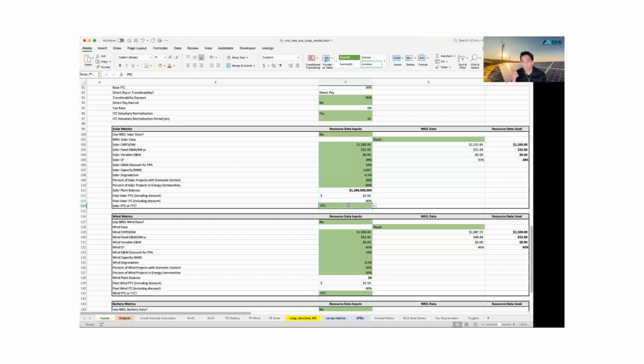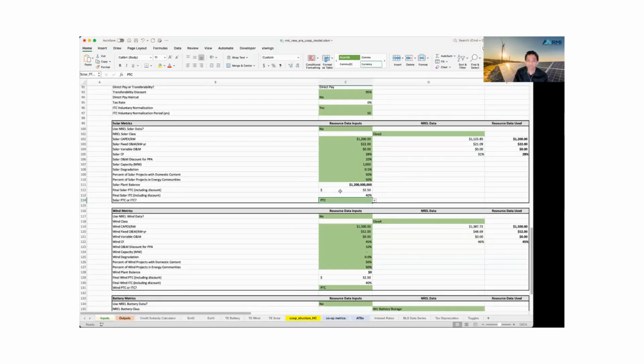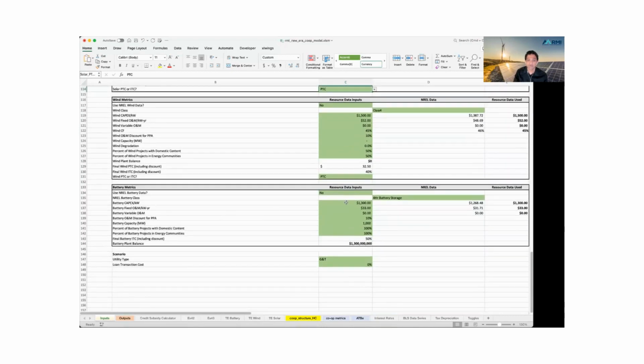But the choice of the production tax credit does not have that extra equity benefit, but has a much greater net present value for most solar and wind resources across the country, as the PTC tends to be, on a net present value basis, more lucrative for your customers. It will reduce costs for your customers better than an ITC would. Note that this choice is not available for the battery, which will only have an ITC.